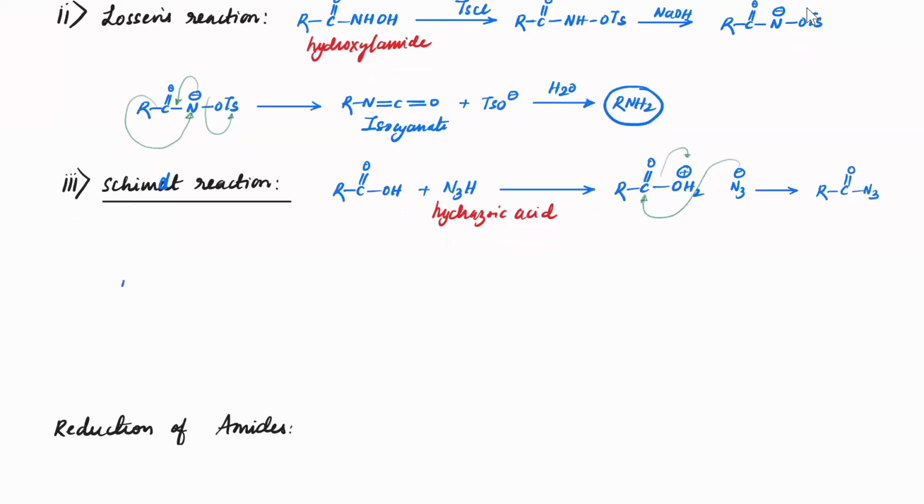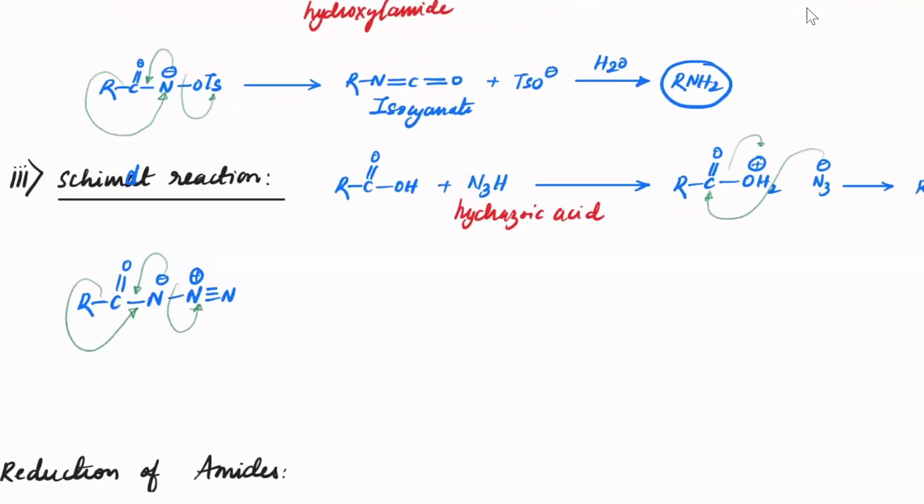And again, we learned this already that the RC double bond O N3 structure is like this: N minus, N triple bond N plus. This is the same thing we learned in the Curtius reaction. So this will push, N2 will come out, R will attack internally. So what do we get here now?